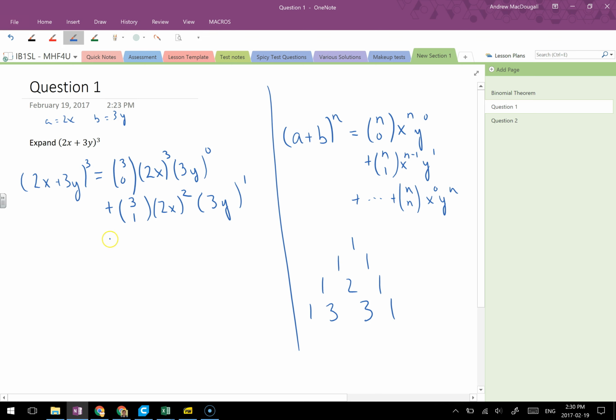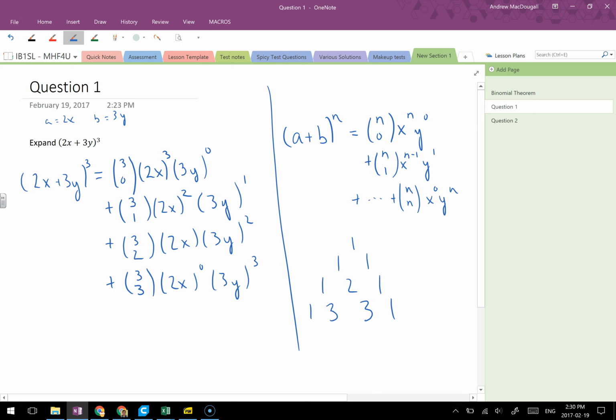The powers on our second term count up. And we're always going to have, notice, one more term than the power of our expansion. And 2x to the 0, 3y cubed.